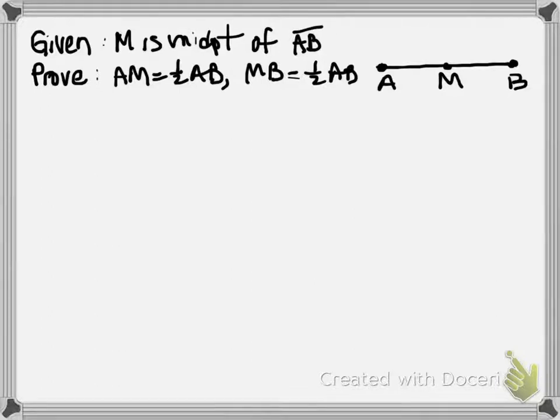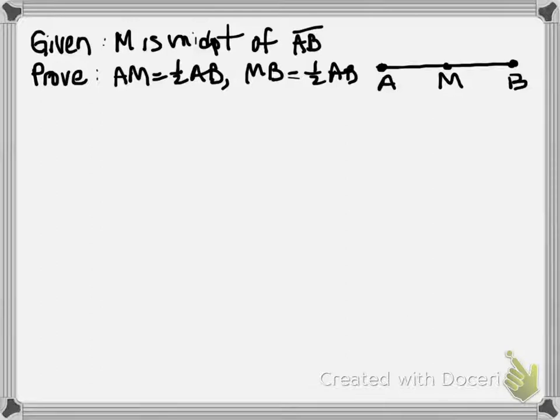So the only things that we can use in this proof have to do with segments. So we've got the segment addition postulate, we have understanding what a midpoint is, and so on and so forth. We can only deal with ideas that deal with either segments or mathematical properties. Okay?